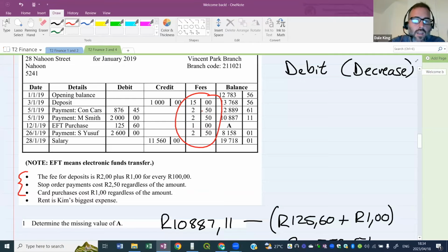If you can, raise your hand and tell us where you see the mistake. We have to calculate and see if there is a mistake. Have a look in the fees column, and can you guys see a mistake? That's the question.